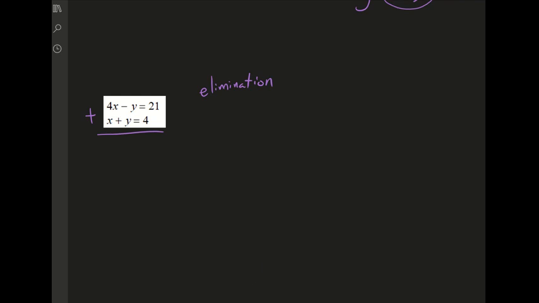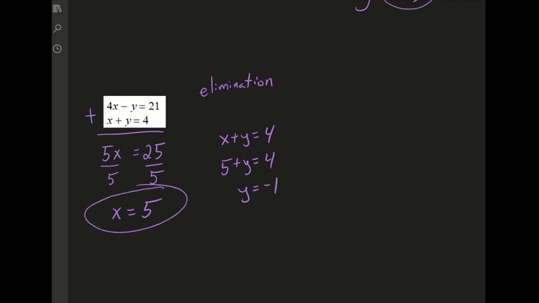So we add these two, we end up with 5x plus 0y equals 25, and then solve for x. Then substitute that back in. If we know that x plus y equals 4, it doesn't matter which equation you use. 5 plus y equals 4 because we know x is 5, and then y is equal to -1. All right, so we have our solution set here.